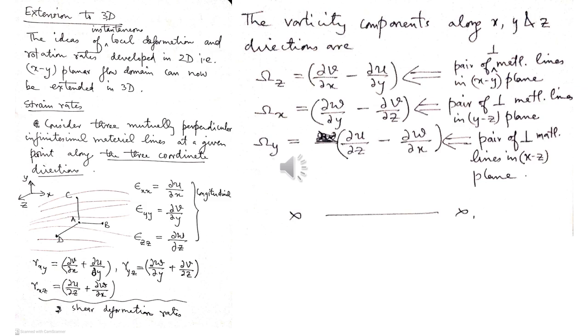Now as we have seen, in 2 dimensions, if you take a very tiny infinitesimal material line oriented at a certain angle with respect to the coordinate direction x, then you can express its longitudinal strain rate and its rotation rate in terms of 3 quantities: epsilon xx, which is del u del x, epsilon yy, del v del y, and the instantaneous shear strain rate gamma xy, del v del x plus del u del y.